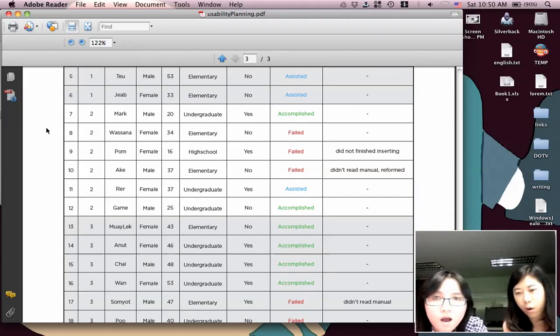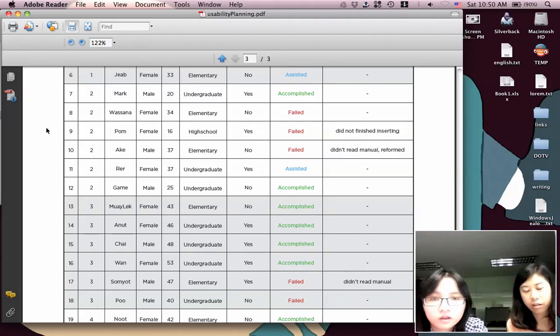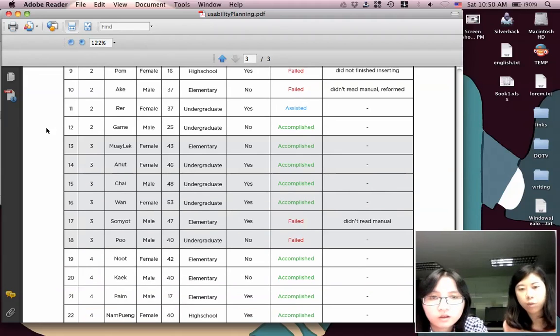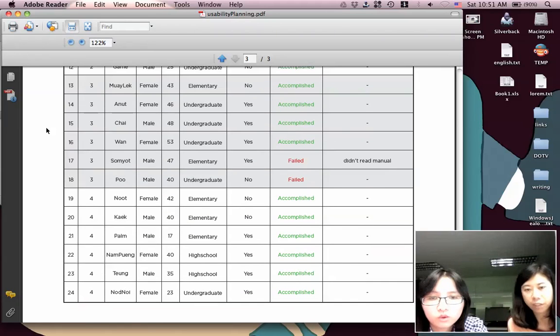We have 12 females and 12 males, so half and half gender, and also various education levels and ages. And after we test them, we ask them if they have any experience assembling any kind of objects. But sometimes we can't really trust this information, because somehow they don't really know if they have real experience or not.